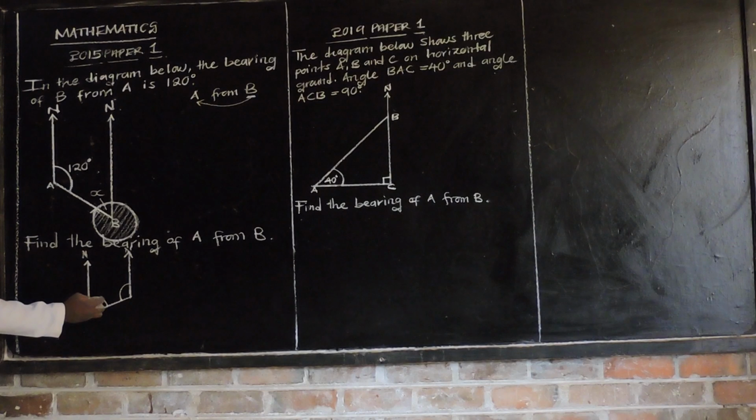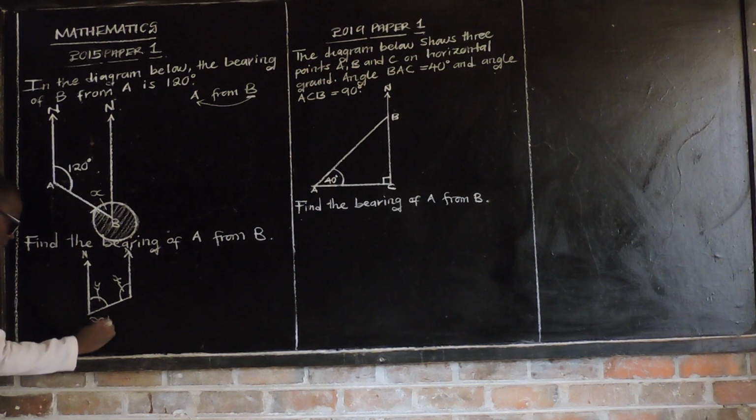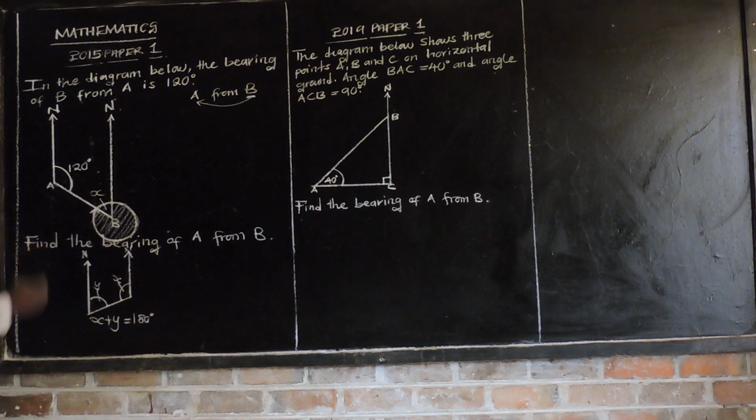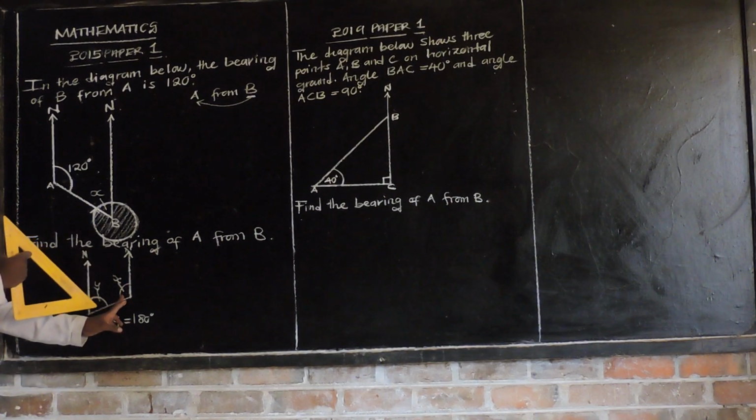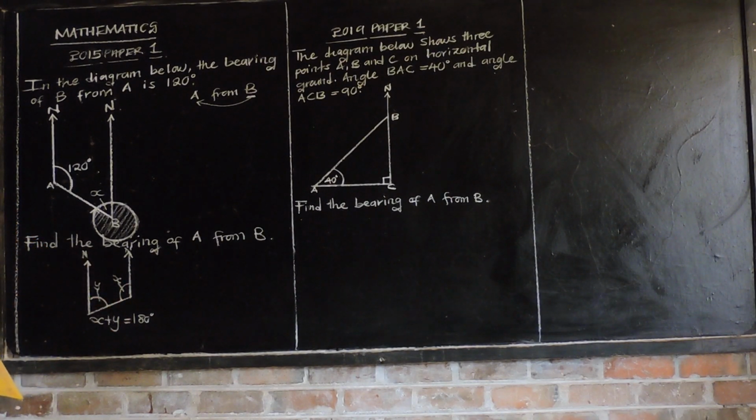They add up to 180. If this is X, let's say this is Y. I simply say X plus Y is equal to 180. For example, if X is 100, this angle is going to become 80. You just say 180 minus 100 to get this angle.